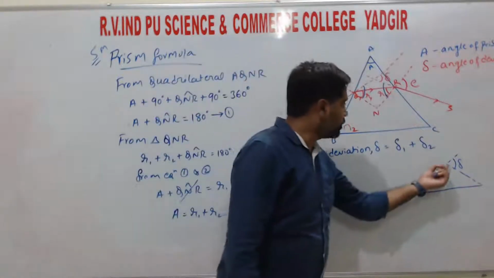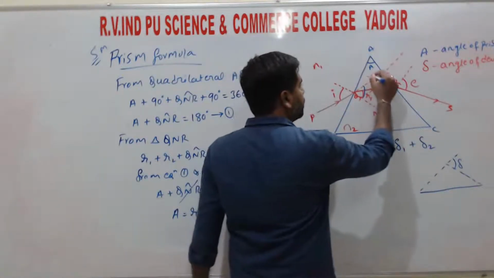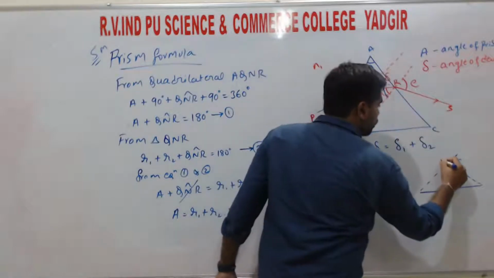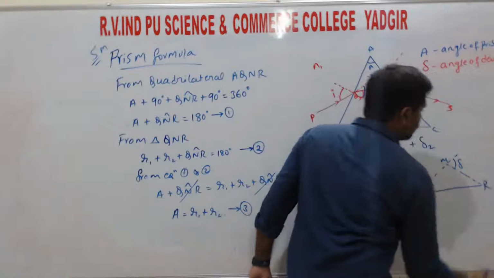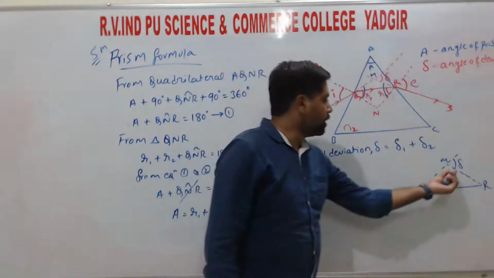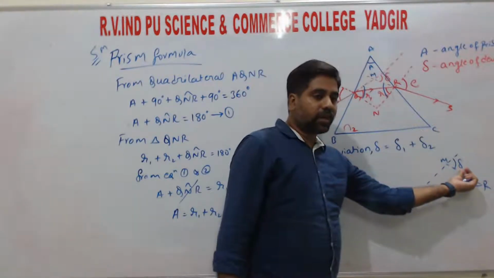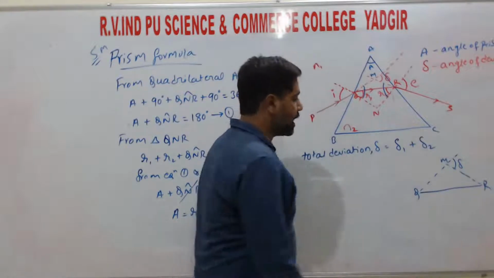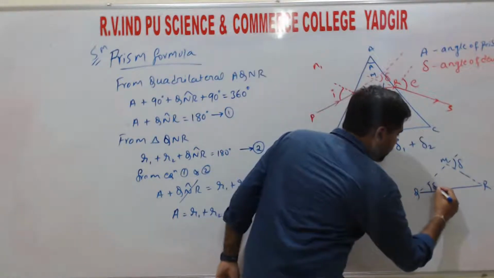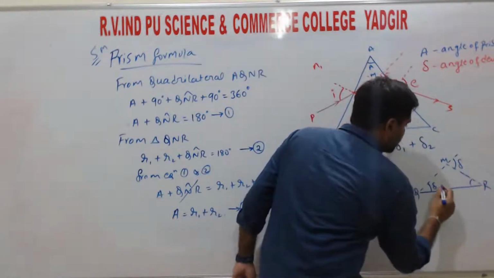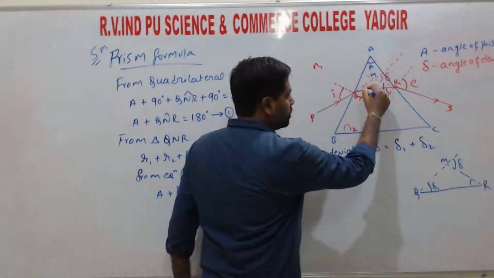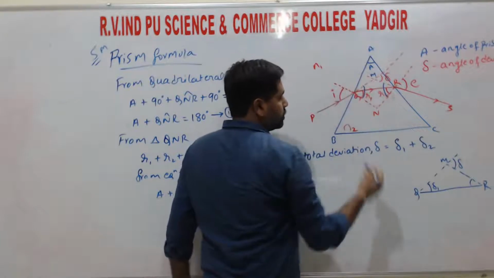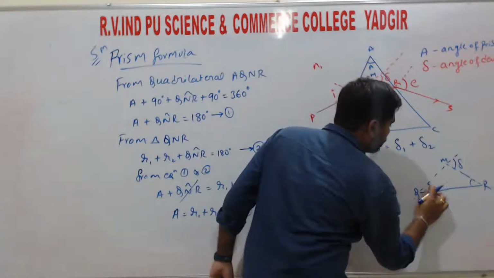Either we can say from the triangle here, if I write M, so MQR, right? The exterior angle is equal to the sum of the opposite interior angles. So if we call this deviation delta 1, that means I minus R1.